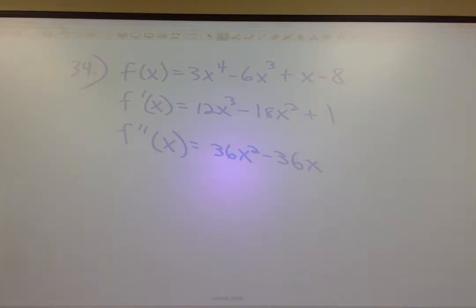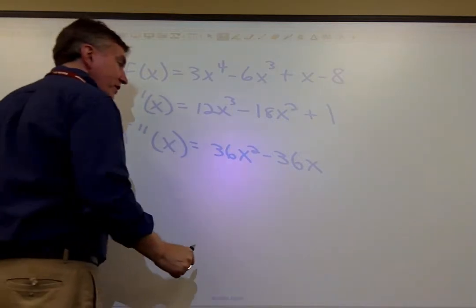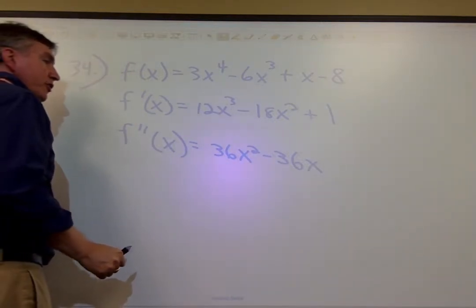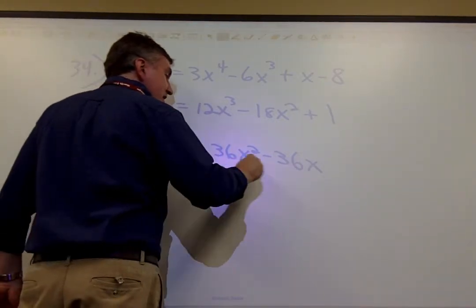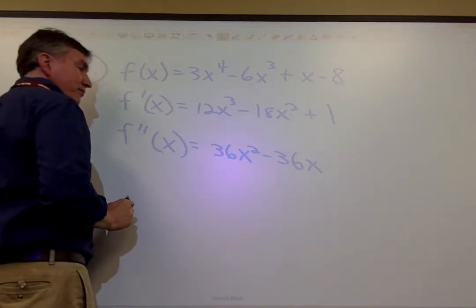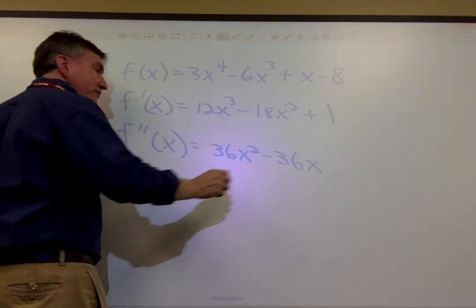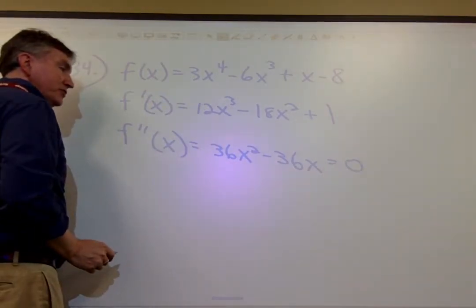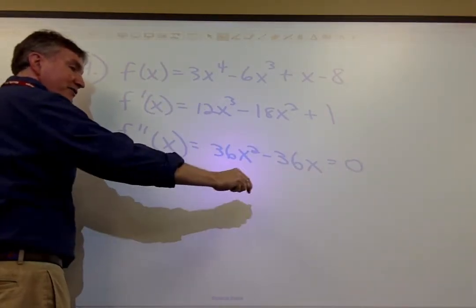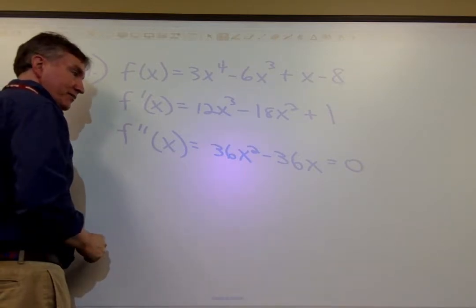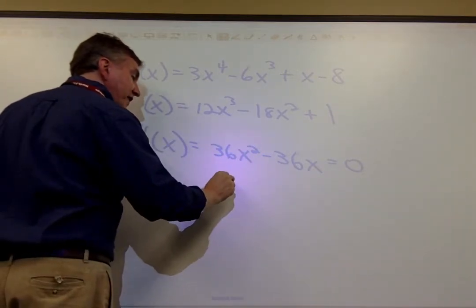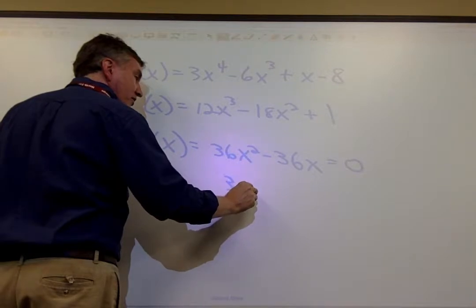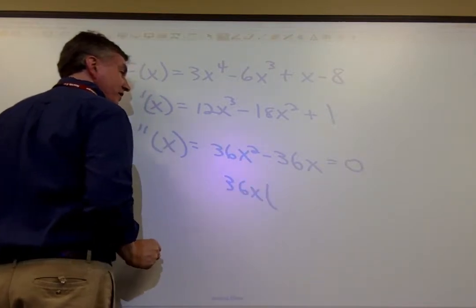Okay, so if I set that second derivative to 0, that's going to tell me where my possible inflection points are. That's going to split my x-axis into intervals of concavity. So would you agree I can factor out what? What's left?